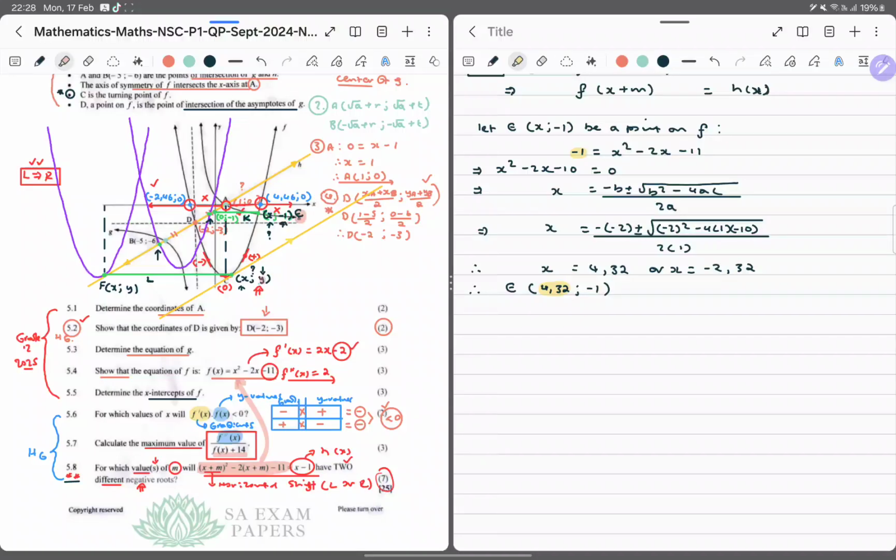So let me just highlight that this y value is the same as that y value, because this is the horizontal line. So this question, guys, was a killer, believe me. What are we going to name this point? We've got E, F, G, and then we can call it point H.